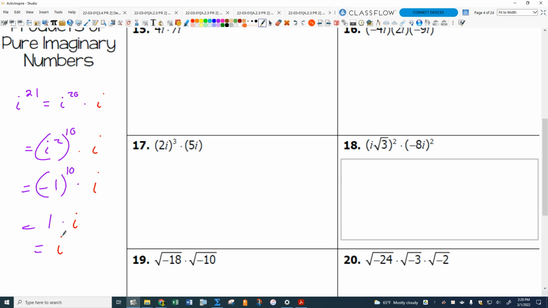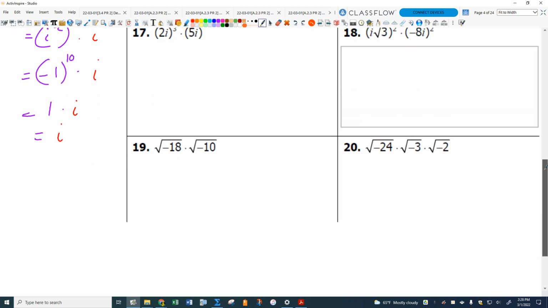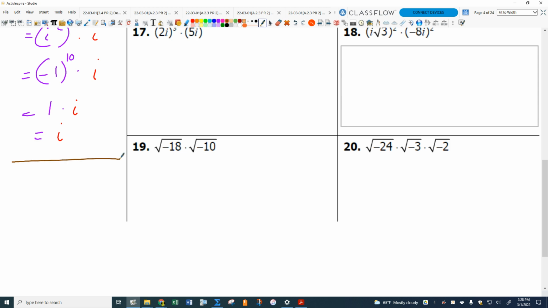Okay, let's try one more. How about if we have a new color? i to the, what did I just do? I did the 21, right? Let's do i to the 31. Okay, talk me through the steps here. What's my first step going to be?